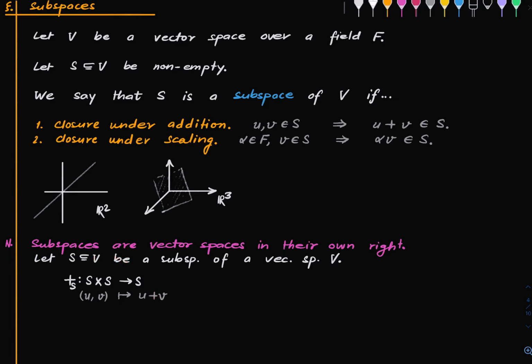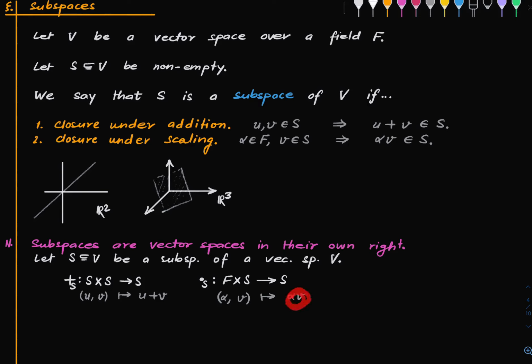And similarly, we have a scaling function, which I will denote by dot with a subscript S, from F cross S to S, which takes a scalar, and the elements of the base field are also called scalars, and a vector to that, and here this scaling is happening as if we were a member of the parent space.